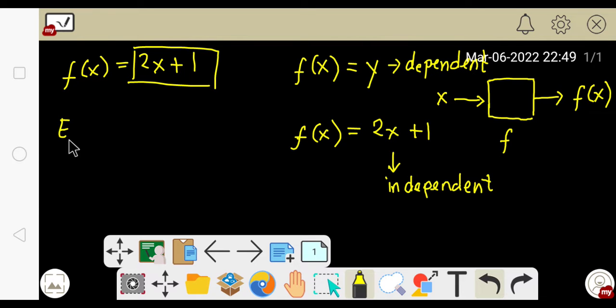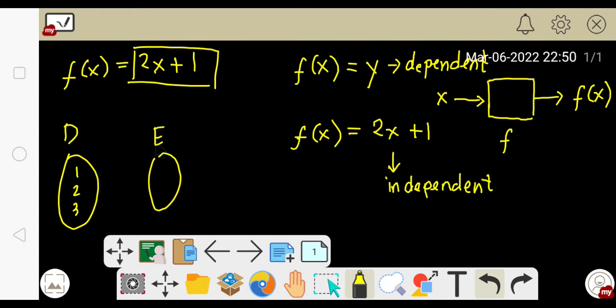Suppose we have our set D, which is our domain, containing 1, 2, 3, and we have our set E that contains f of 1, f of 2, and f of 3.